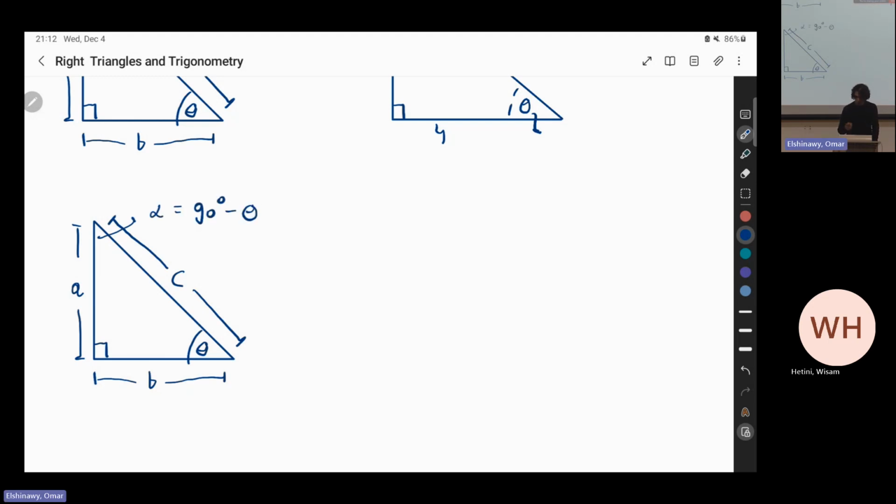We talked about this because the sum of the angles needs to be 180, and we already have a 90-degree angle. So it is sufficient for us to just study this angle and to look at the ratios. And they are defined as follows.